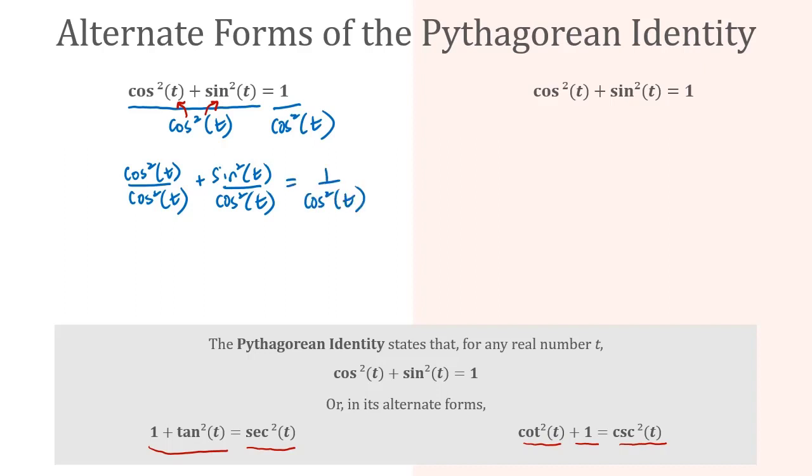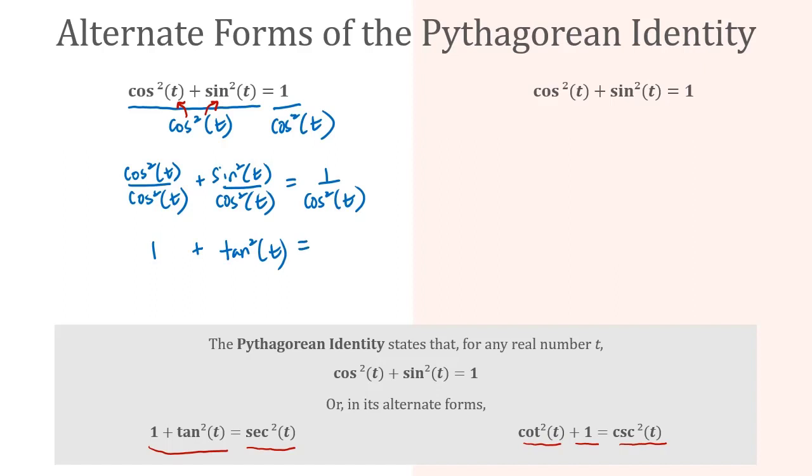All right, that's a lot, but I think this will simplify quite nicely. Cosine squared t divided by itself is equal to 1. Plus, we know that the ratio of sine to cosine is tangent. And as long as both are squared, we'd have sine of t over cosine of t times sine of t over cosine of t. So this becomes tangent squared t.